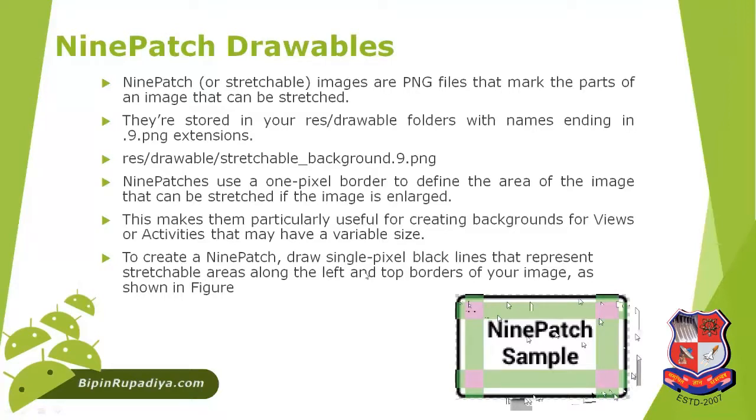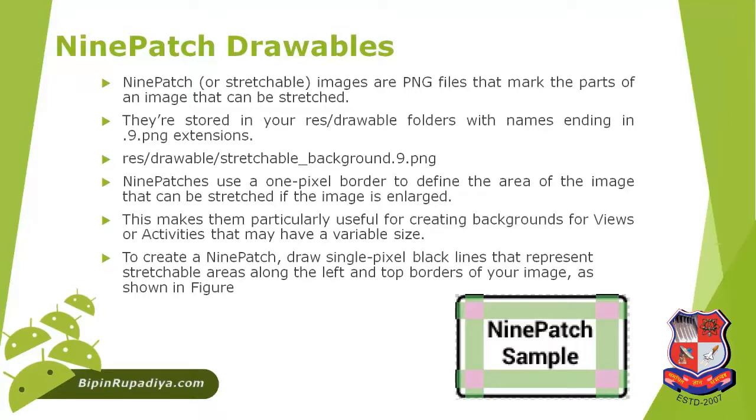You can utilize this kind of file for the backgrounds of your object, so when it enlarges, the shape remains intact. How does Android Studio know which portion needs to expand and which should stay intact? It focuses on the 1 pixel border, and the remaining color will expand, so it will be stretched and look like a proper image.